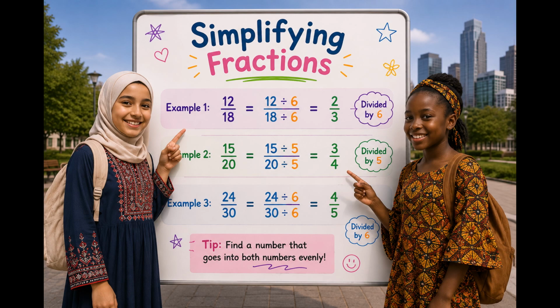So the greatest common factor again was 5. Next, 24 over 30. The greatest common factor we used was 6 for both numbers. So 24 divided by 6 gave us 4, and 30 divided by 6 gave us 5. Why? Because 6 times 4 is 24, and 6 times 5 is 30.